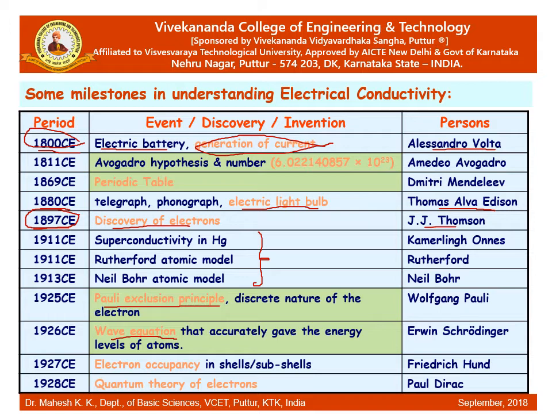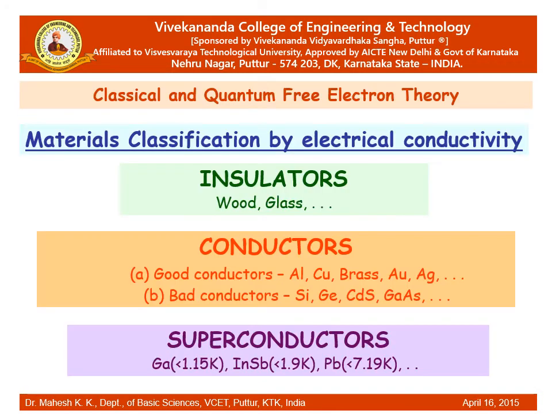And regarding electron occupancy and freeness of electrons, the quantum free electron theory was developed mostly by Paul Dirac in 1928.